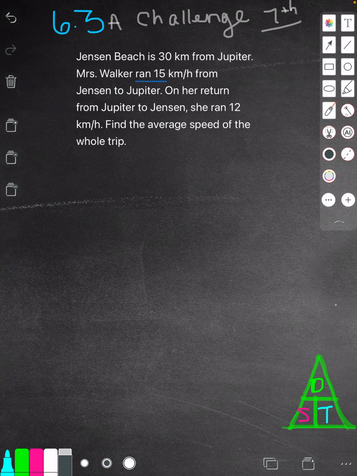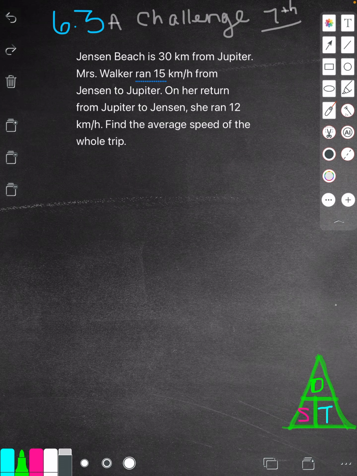And when you remember how the triangle is set up, it helps you figure out the three formulas without actually memorizing them. So maybe you want to think of, starting at the top of your triangle, donuts smell tasty, or don't stop trying, something along those lines, so that you are remembering where they go.